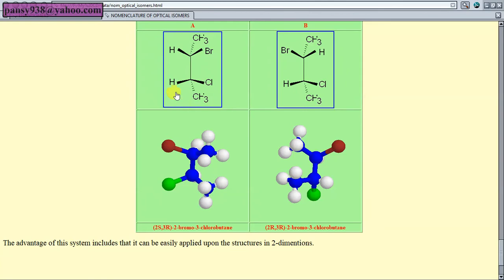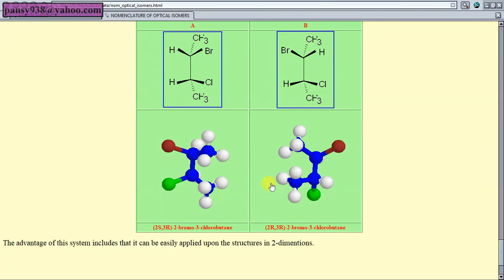Imagine hydrogen at the back side. From the highest preference to this carbon, the line is moving in a clockwise direction, so it is R.